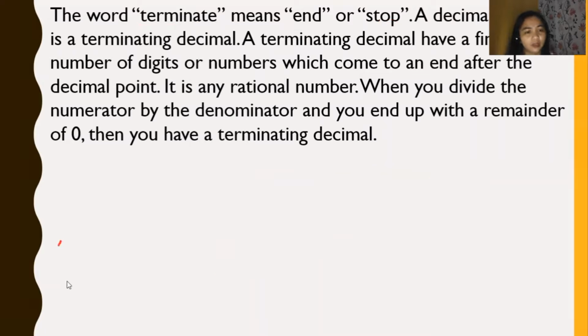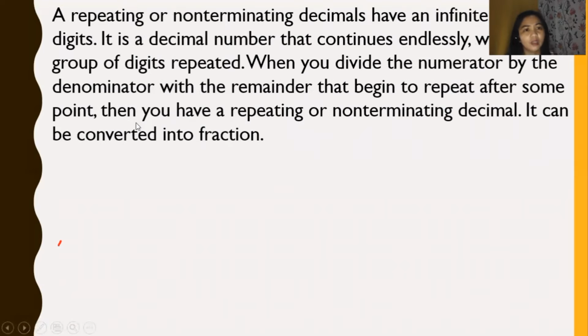Ano naman yung kabaliktaran ng terminating? Then we have here the repeating or non-terminating decimals have an infinite number of digits. It is a decimal number that continues endlessly with no group of digits repeated. When you divide the numerator by the denominator with the remainder that begin to repeat after some point, then you have a repeating or non-terminating decimal.